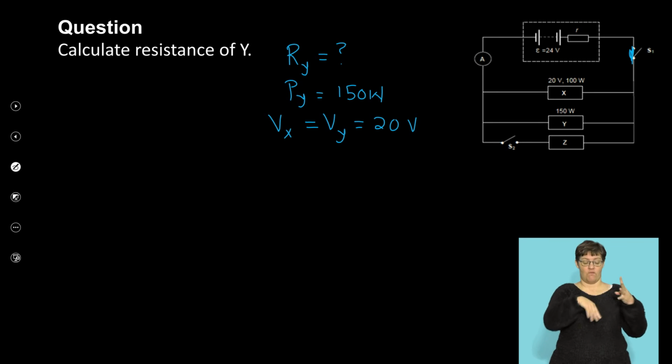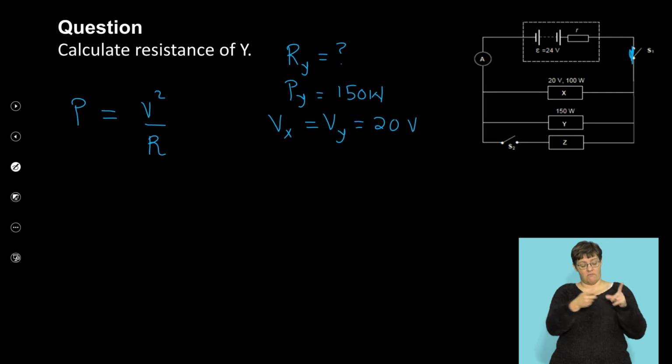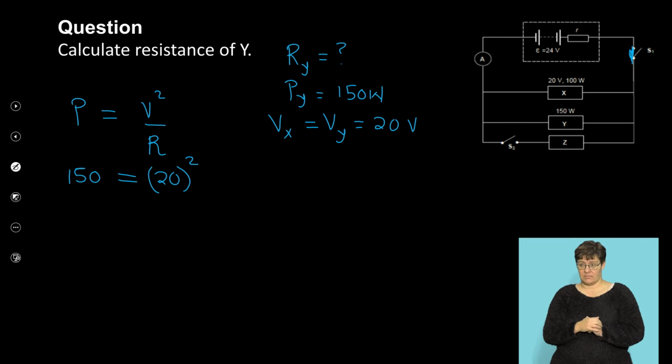So we are looking for the resistance of Y. We can use the formula P is equal to V squared over R. That's the formula that we copy from the data sheet. So we've got the power, which is 150 watts, equal to 20 squared divided by R. If we make R the subject, we get R is equal to 20 squared over 150, which is 400 divided by 150.